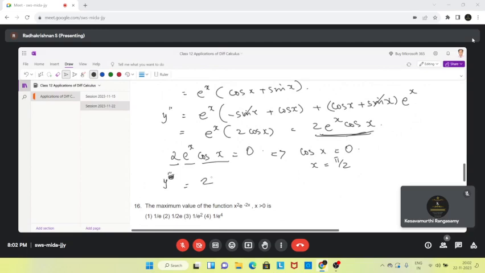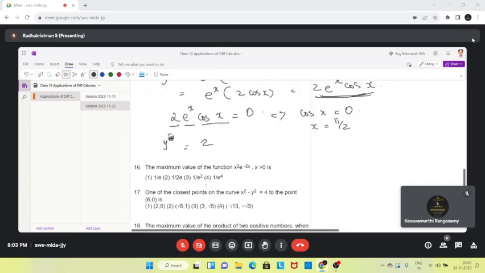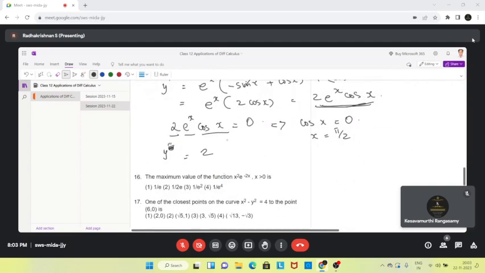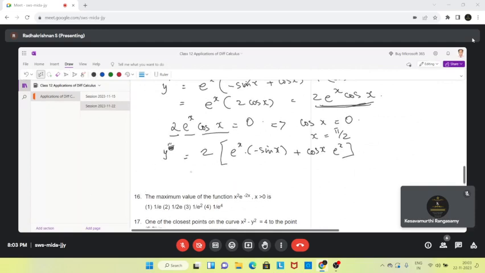E power x cos x, u dv plus v du. Cos x minus sin x.